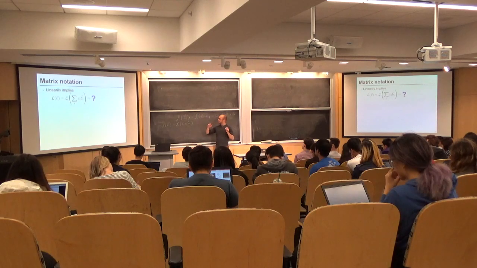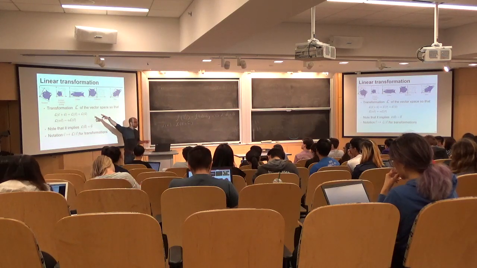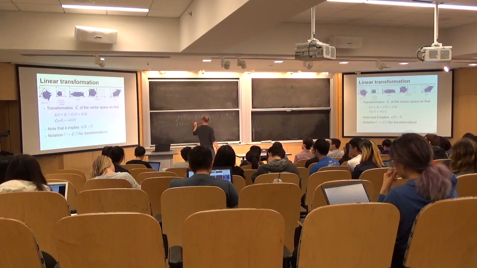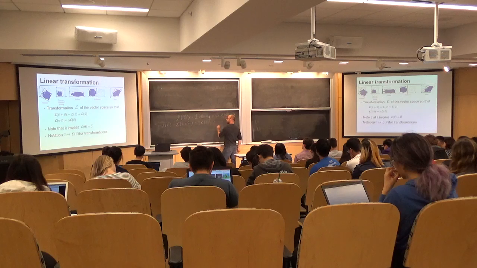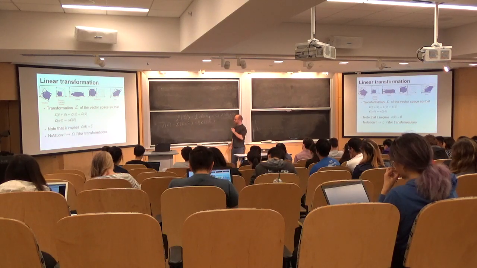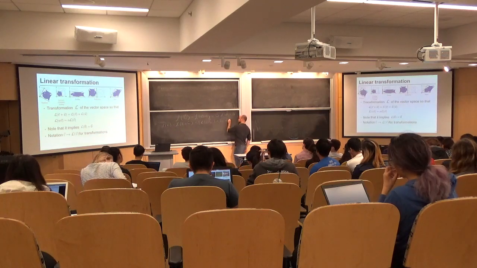And now, let's go back to the axioms that we have about a linear map. If we apply the first one, we see that that's equal to the sum over i of L of c_i b_i. And now, if we apply the second axiom, of course, we get the sum over i of c_i times L of b_i.